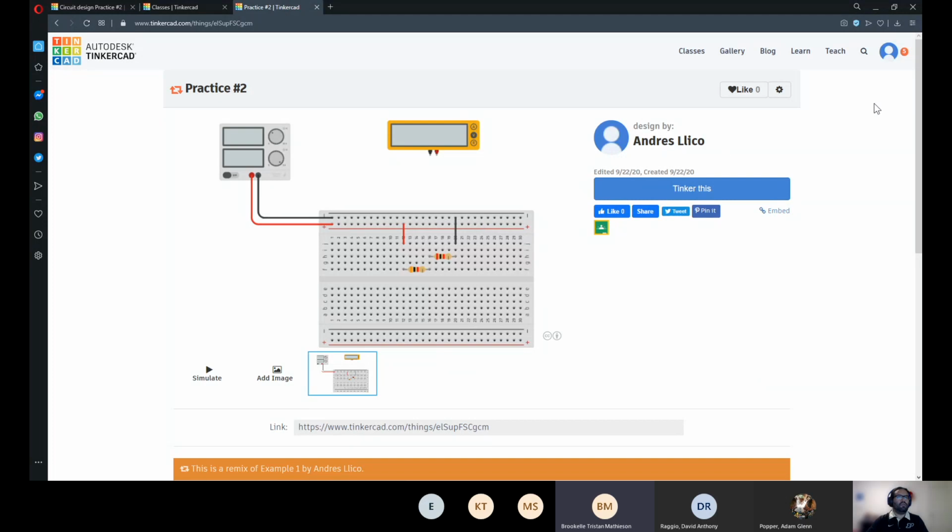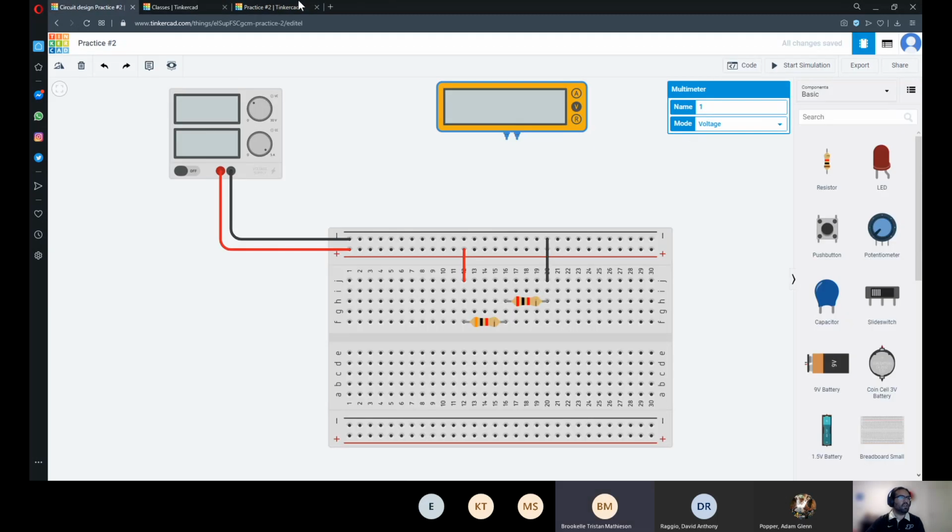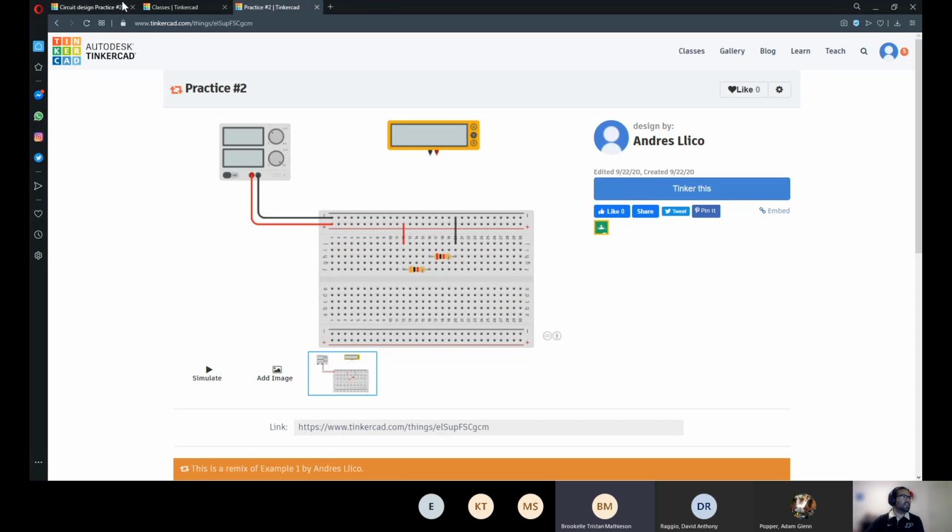When you open it, you should see Tinker this on my screen. If I remember correctly, I did this earlier today. You should see another button that says copy and tinker. Okay. Unless I didn't set up the. Oh yeah, I got that. You got it, perfect. Yep. Okay. Perfect. Thank you.